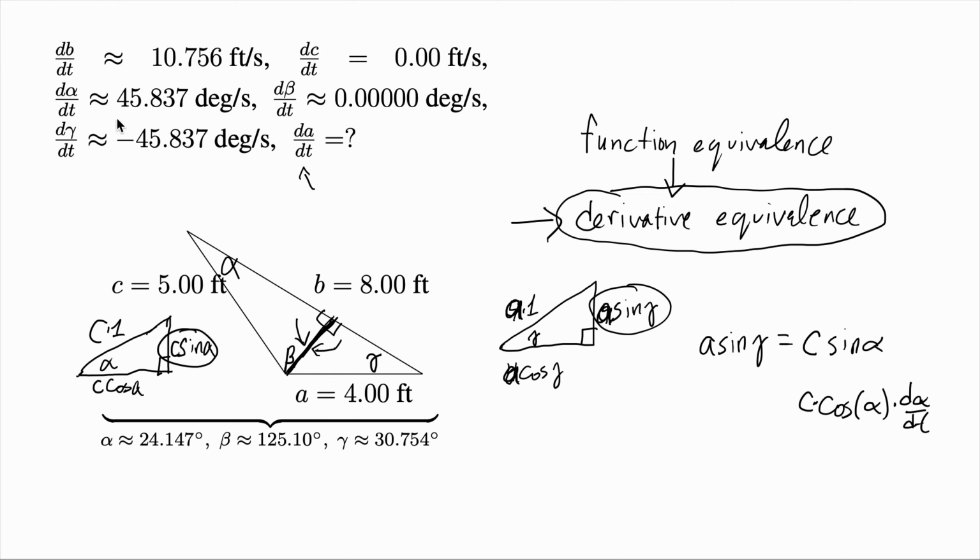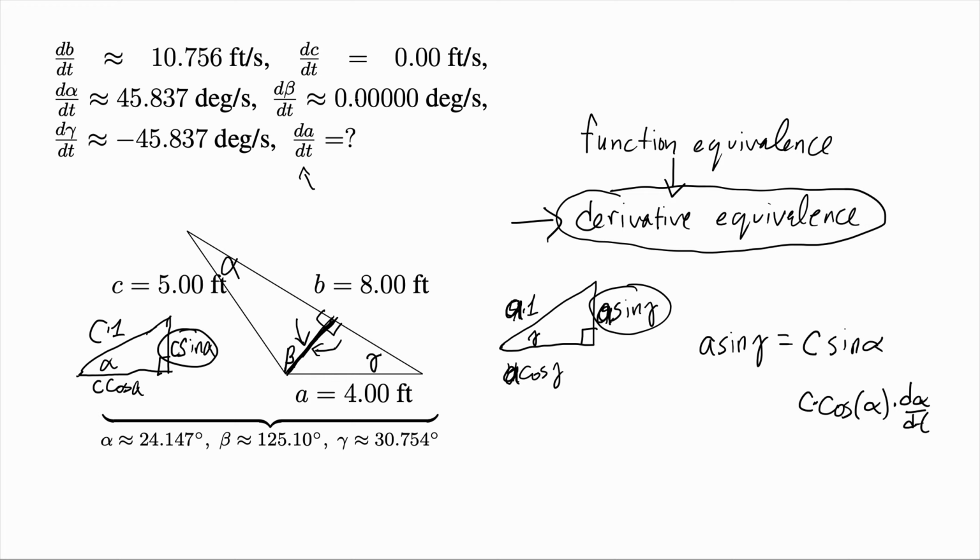And look. Oh wait, but we can't plug in d alpha/dt right now, because when we assume that the derivative of sine is cosine, we're assuming that we're in radian mode. So this rate of change right here is actually going to be radians per unit time, which is seconds. So radians per second. So before we plug in, we're going to have to convert this d alpha/dt, d gamma/dt. d beta/dt is really easy.